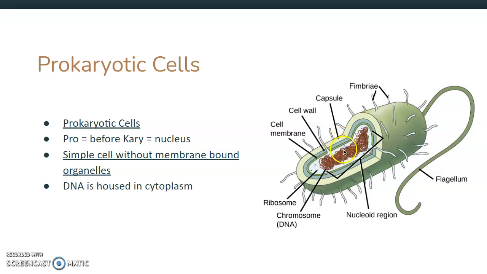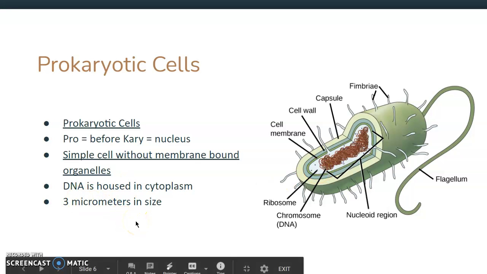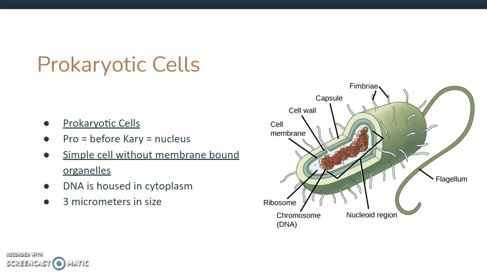Our DNA is housed in the cytoplasm, so we can see our DNA is just in the middle of our entire cell in the liquid, rather than in a nice nucleus, and these are about 3 micrometers in size. So our eukaryotic cells are 20, these ones are 3, so it's a very big difference.